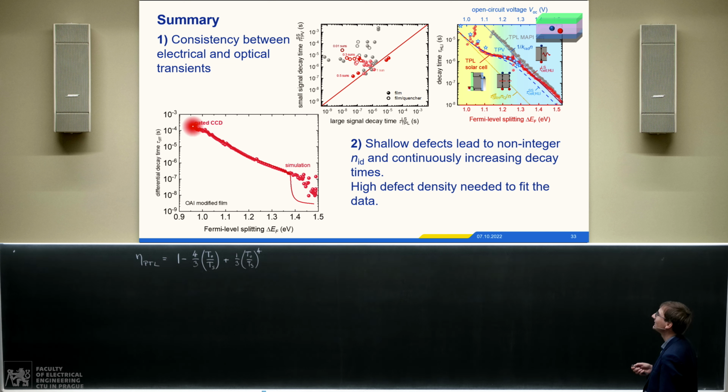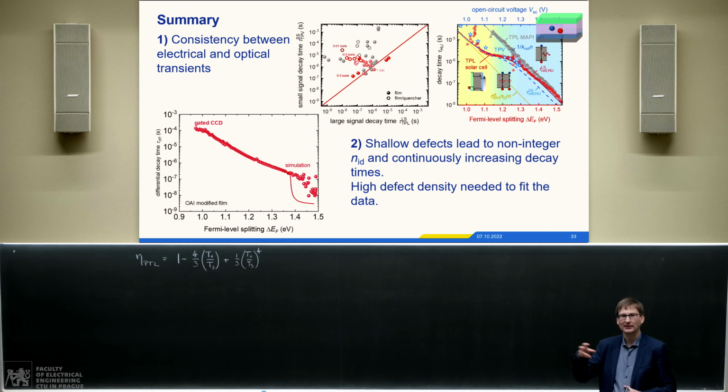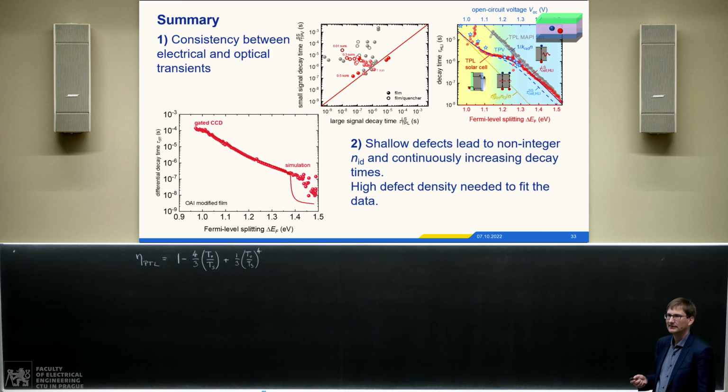With the newer camera, you can just measure for longer, and I think that this continuous change of lifetime with this particular slope is just a signature of more than one, maybe a distribution of shallow defects, and that the explanation of this feature that we see here is probably quite closely connected to the interpretation of these non-integer ideality factors that you see in these triple cation perovskites.